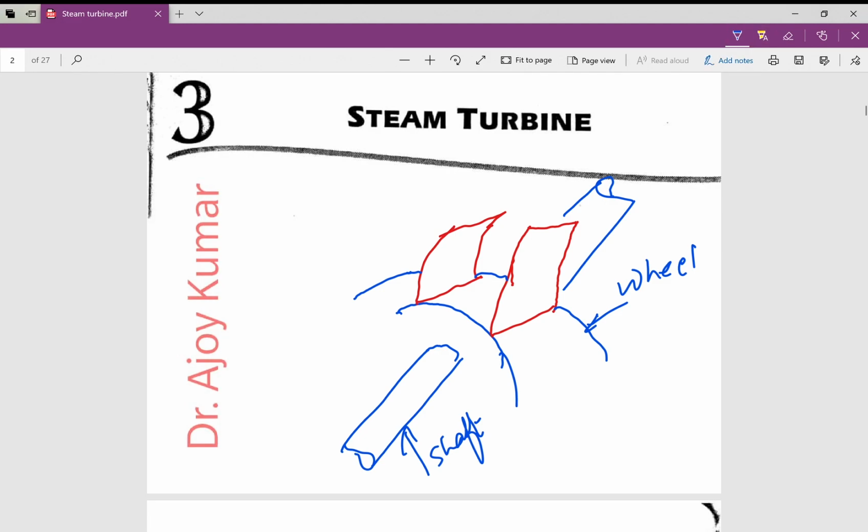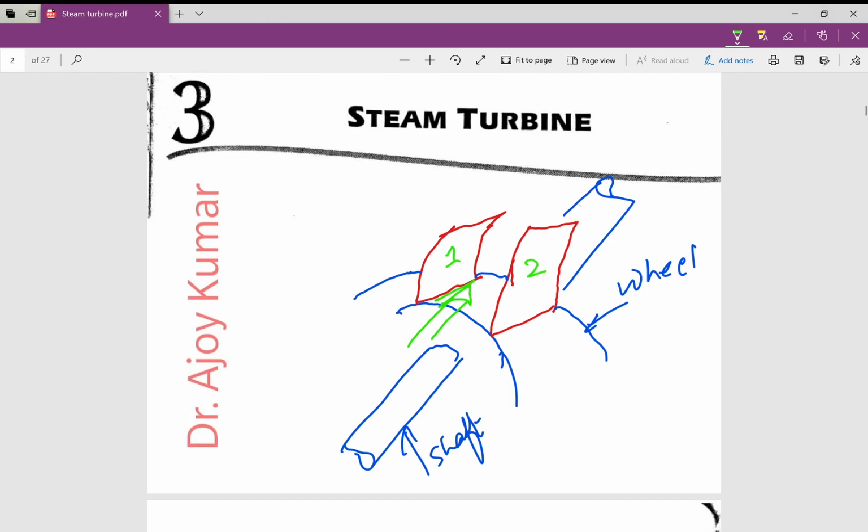The steam which enters between two consecutive blades comes from a nozzle like this. Here steam enters between these two blades, let us say blade 1 and 2.